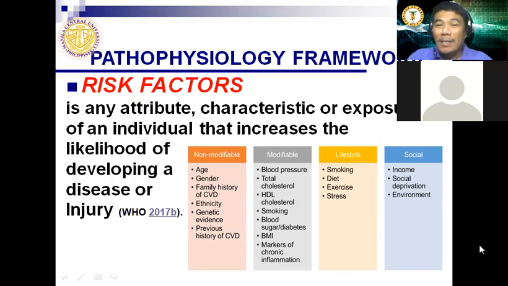This could be enhanced. So for example, if you have findings in the vital signs of your case that the client has a blood pressure of 160 over 100, will you consider it a modifiable risk factor? You can consider it a modifiable risk factor, but you must have the confidence to explain why you consider 160 over 100 as a modifiable risk factor.